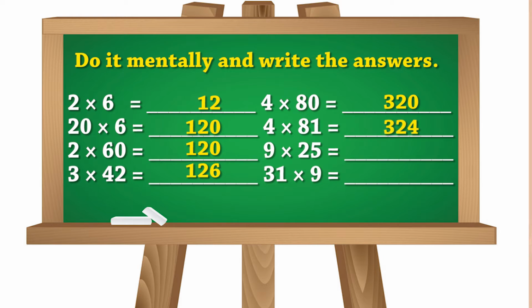Similarly, 9 into 25. 4 into 25 makes 100, so 8 into 25 makes 200. So it is 9 into 25, meaning 25 extra, which I have to add to that, so it becomes 225. Similarly, 31 into 9. If you approximate 31 to 30, 30 into 9 is 270, then adding 9 extra, it becomes 279.